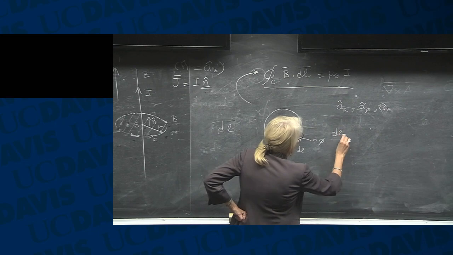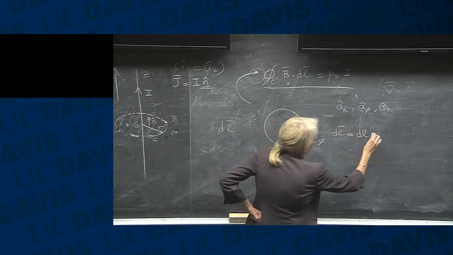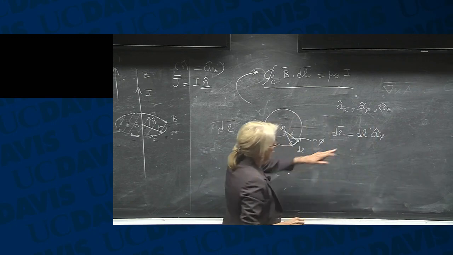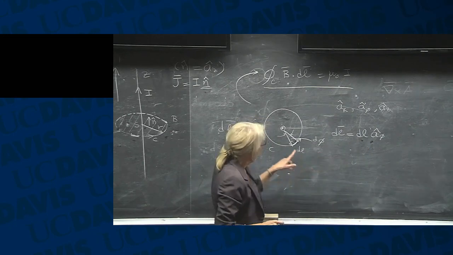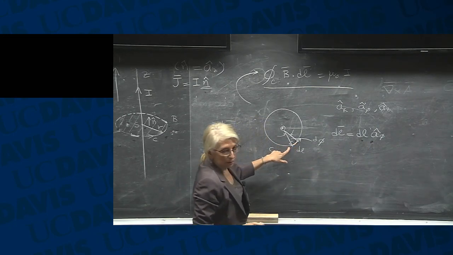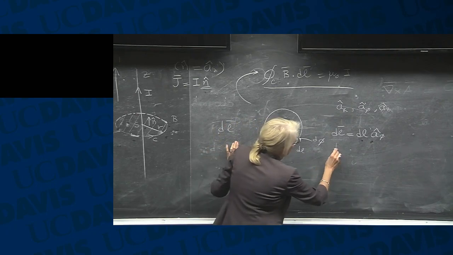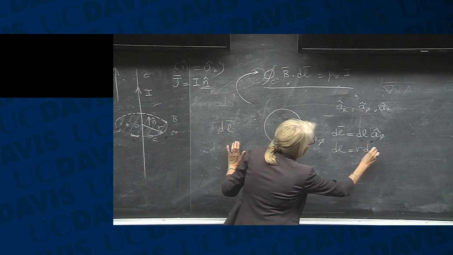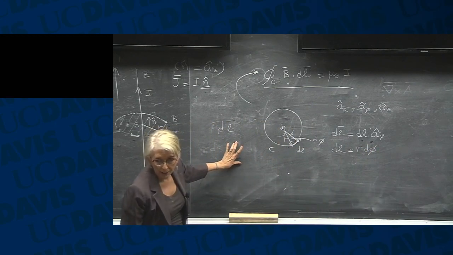So dl is nothing else but a scalar multiplied by this vector. How much is this length dl? If this is d phi and this is r, then dl is r d phi. Do you remember those things from the long past?